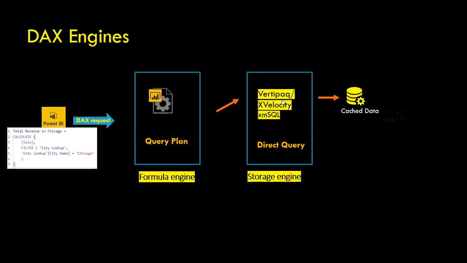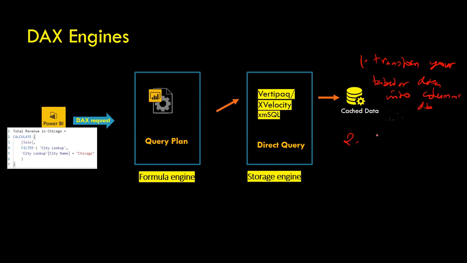And supposing this query, which you are firing against the table for which you have used the import mode, in that situation, something called Vertipack or X velocity engine comes into the picture. What it does is it performs three actions. One is it transforms your table or data into a columnar database.